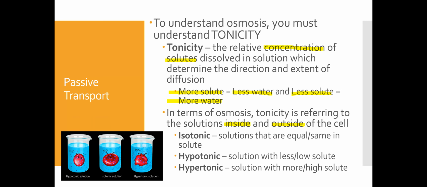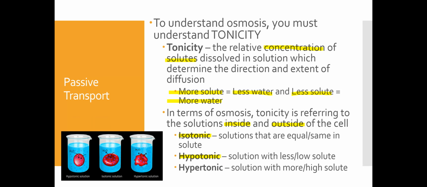And so anytime we're talking about isotonic, hypotonic, or hypertonic, it's always comparing two solutions, inside the cell and outside the cell. So the word isotonic, iso means equal. Isotonic solutions are those that have the same amount of solute. Their concentrations are the same.